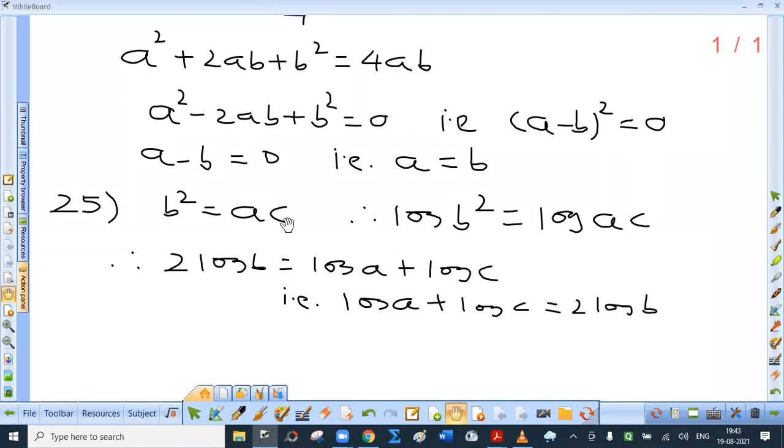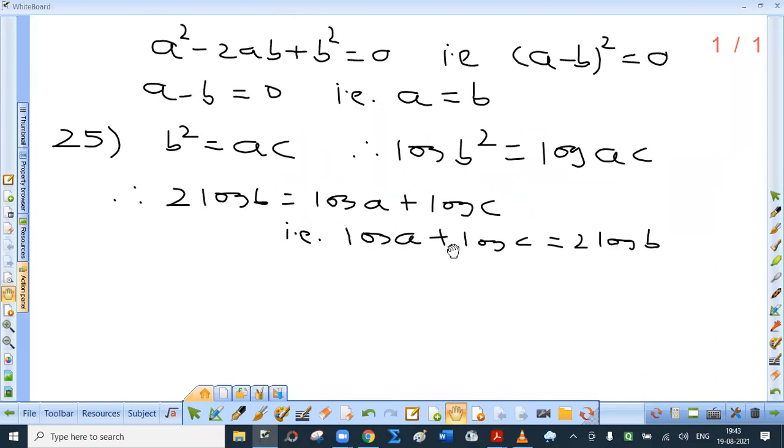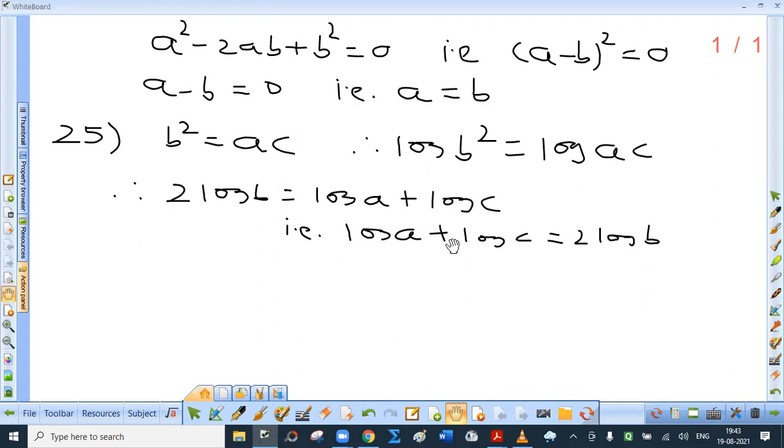See, ABC are in geometric progression. B square is AC. Okay. And their logarithms are in arithmetic progression. See, log B can be considered as arithmetic mean of log A and log C. Yes, this is good observation. If numbers are in geometric progression, positive numbers, their logarithms are in arithmetic progression.